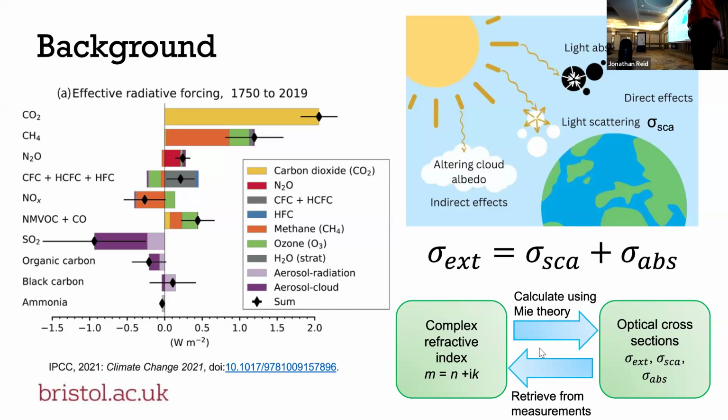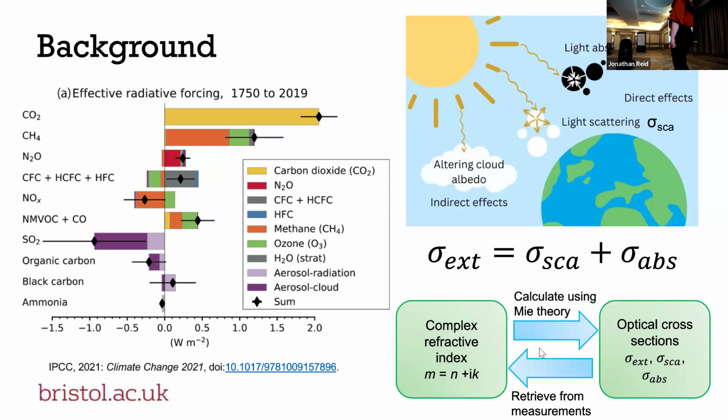So that's a sum of the real component n and the imaginary component k. So we use something called Mie theory to calculate these optical cross-sections. And then inversely, if you measure these optical cross-sections, you can then retrieve a complex refractive index value by basically doing a grid search over a range of expected values to see which one best fits your data.